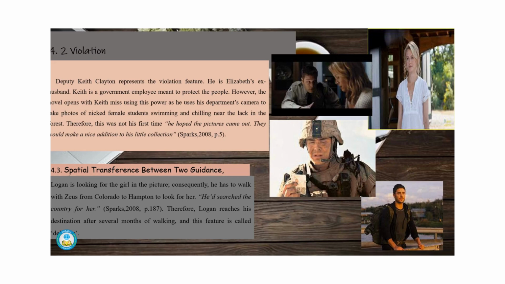He decided to look for the girl in the picture. After he returned to America, his journey started, from Colorado to North Carolina. He walked all of America from west to east. So there is a transformation in space, from one kingdom, from one state to another.